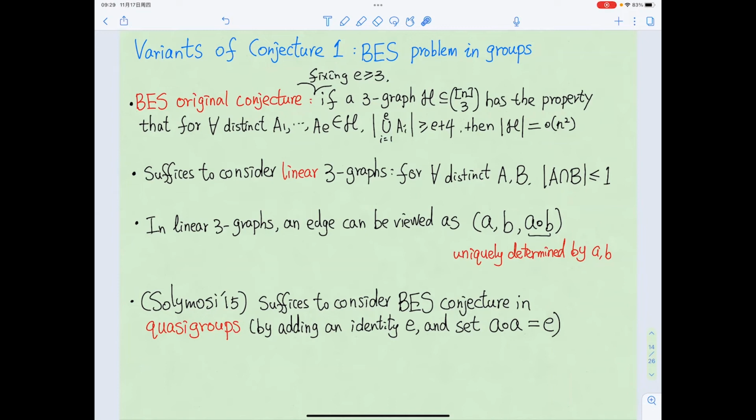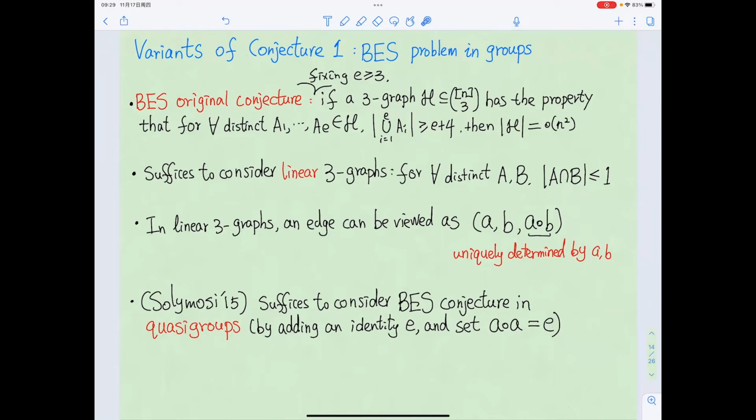People found that to prove this original BES conjecture, it suffices to prove it for linear 3-graphs. A linear 3-graph has the property that the intersection of any two edges is at most one vertex.